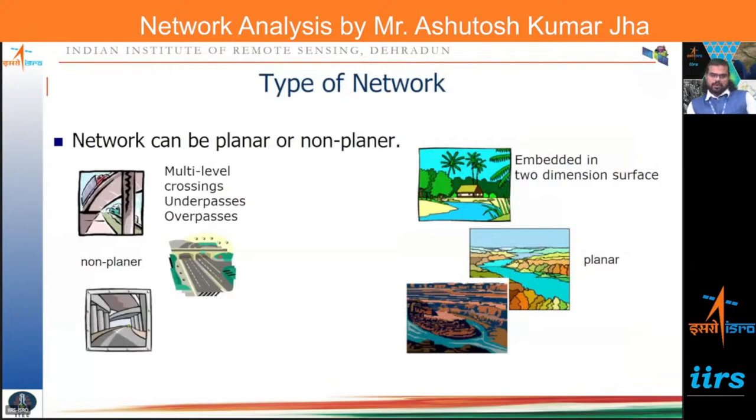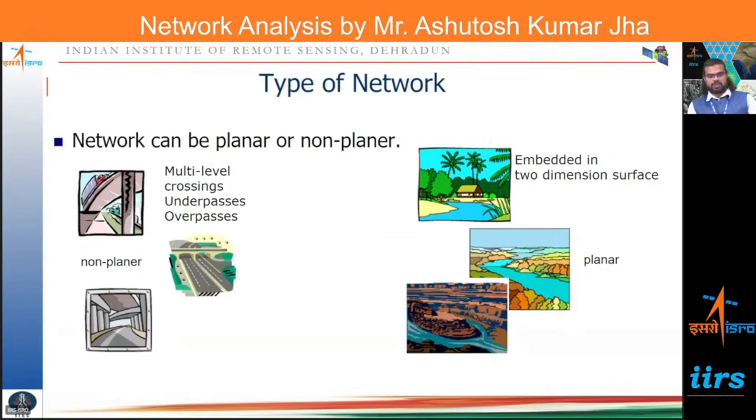Then there's another type of modification of general two-dimension networks. It can be planar or non-planar. It means we have network edges not only staying on a single surface, but they can go across multiple surfaces, for example, an overbridge and so on.